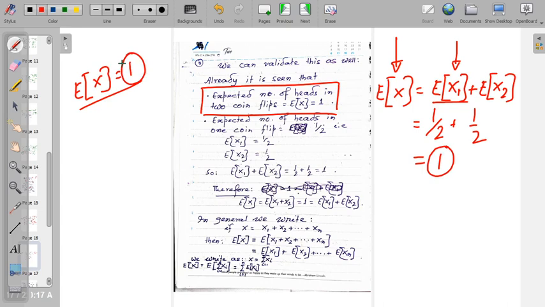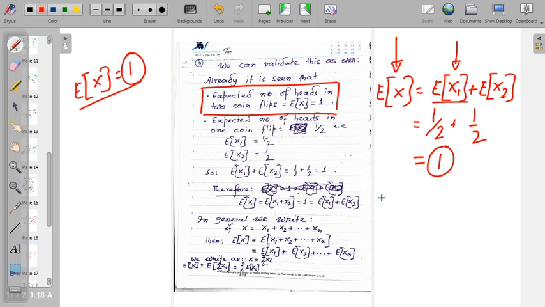So a big complex random variable in the simultaneous case is decomposed into simpler random variables, and adding up all their expectations, we get the same result. That is the sole point we have to make here.